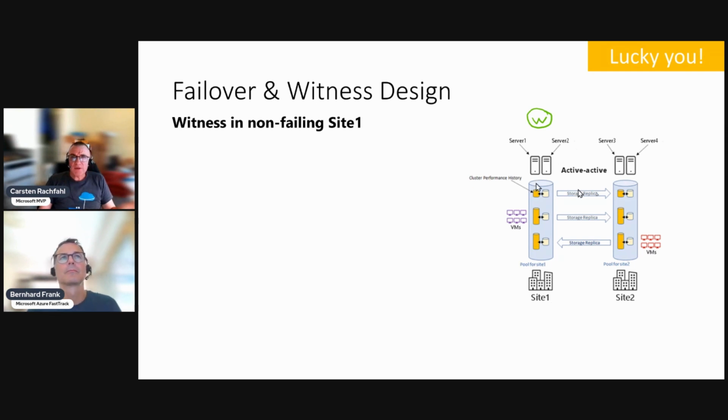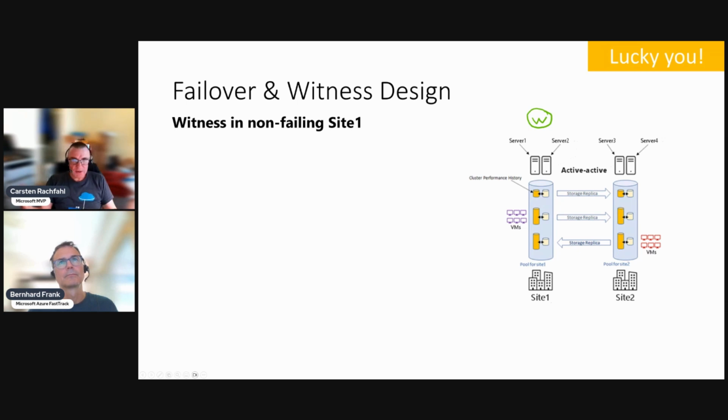We have maybe site one in, let's say, Hallenberg, and site two in Regensburg, where Bernard is stationed. So we don't have many networks between them. We maybe go even over the internet somehow through a VPN or whatever. So there could be a network failure so that these two sites can't see each other.